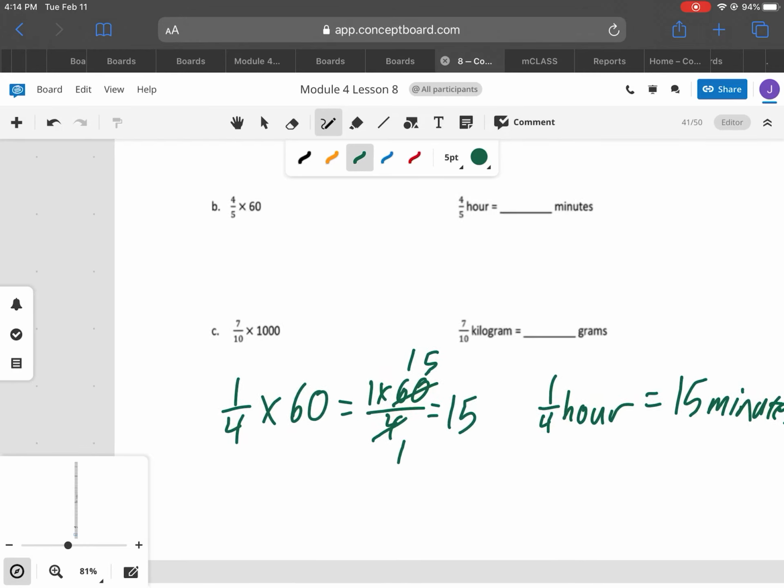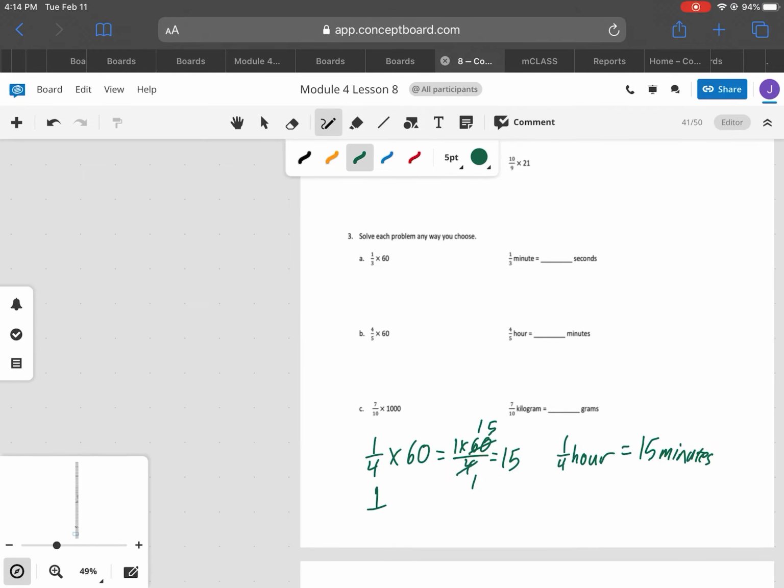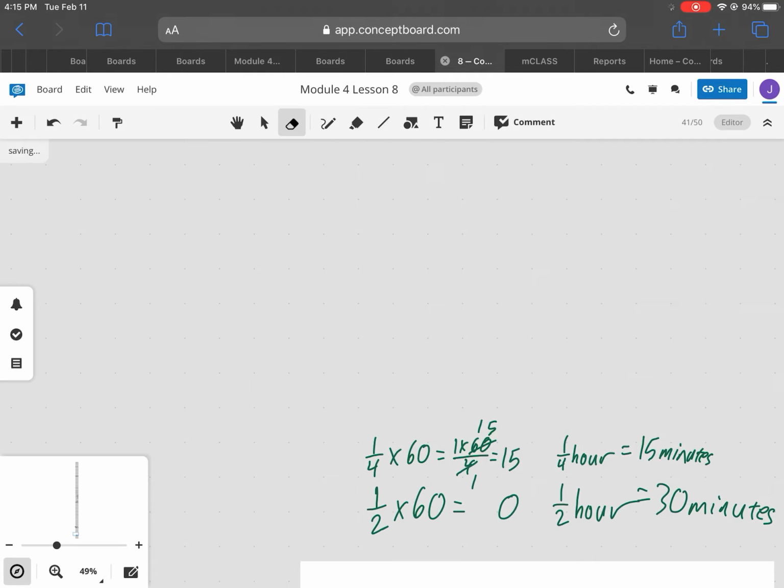All right. So we could do 1/3. You can see it with 1/2 of 60. Hopefully you know that's 30. So 1/2 of an hour equals 30 minutes. Okay. Some of you might say, wait, how'd you get to 60? Let me see if I can do this.